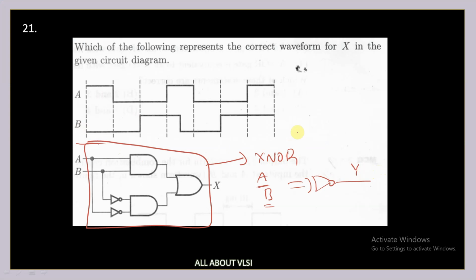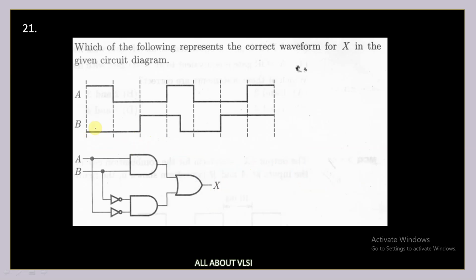So up to here, your output will be equal to 0, and it will be 1, and it will be 0. And okay, I will draw this. So at this point, the inputs are not equal, so your output will be equal to 0.